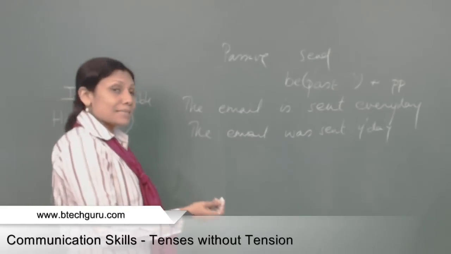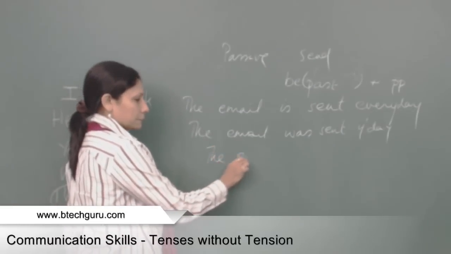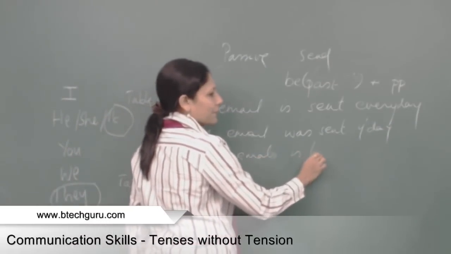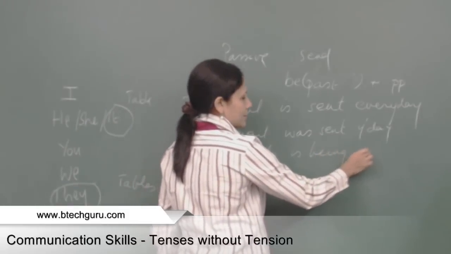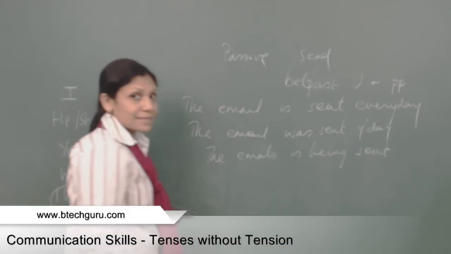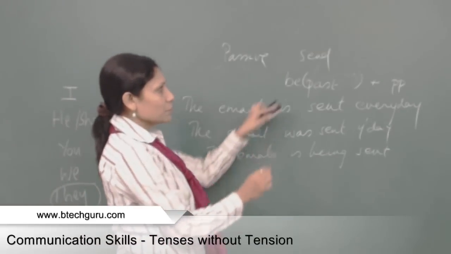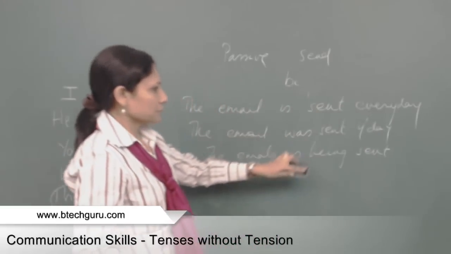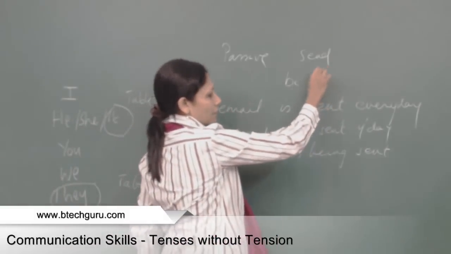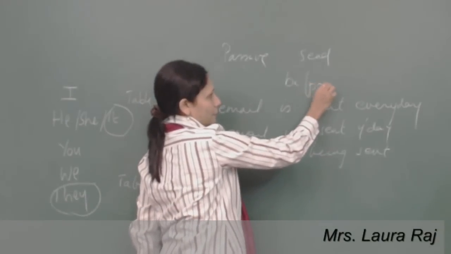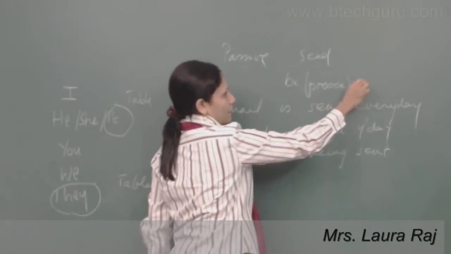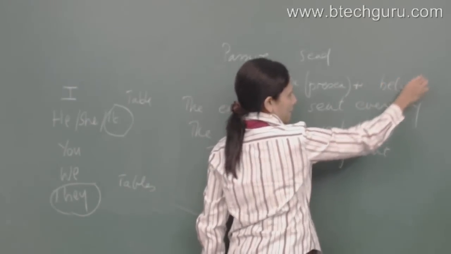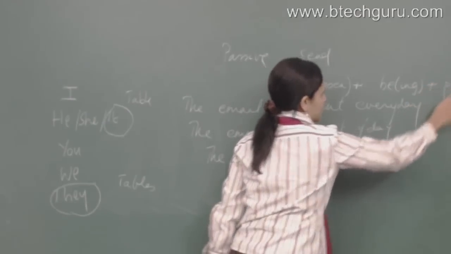Now one more angle to passive is when it is continuously happening or currently happening. So how will I make a sentence like that? The email is being sent. What I have done is, I have used the be verb in the present, plus the be verb ing, plus the past participle.